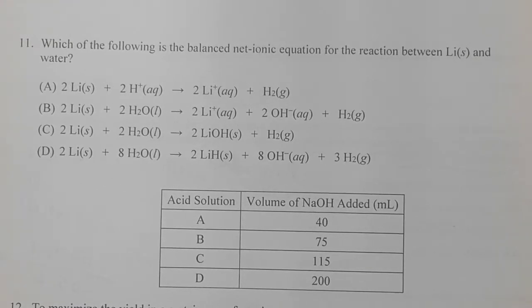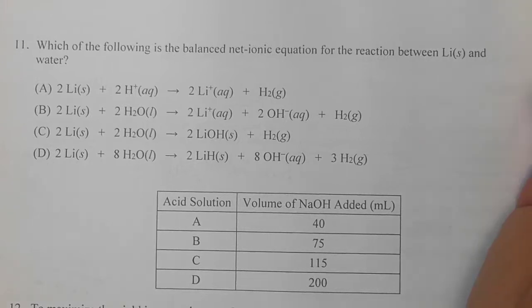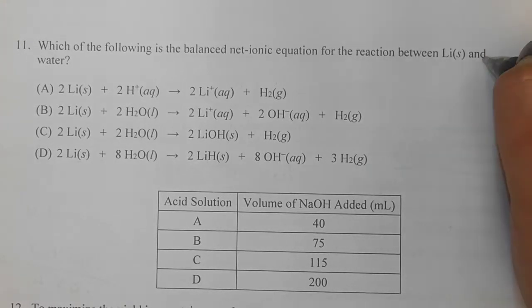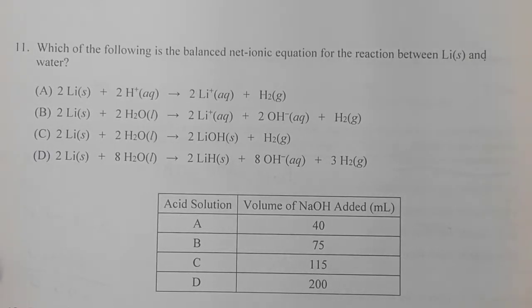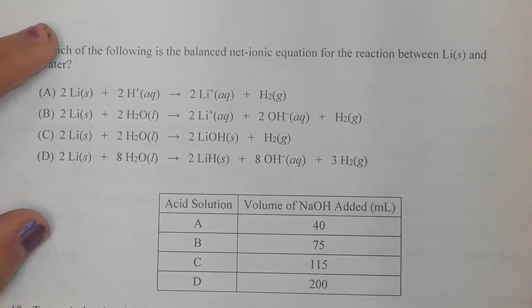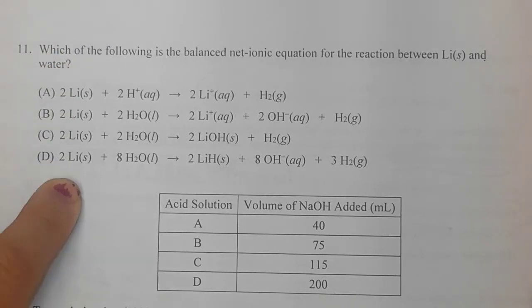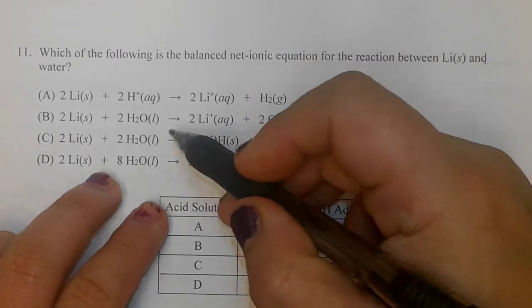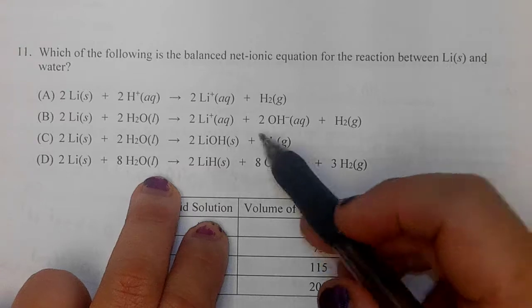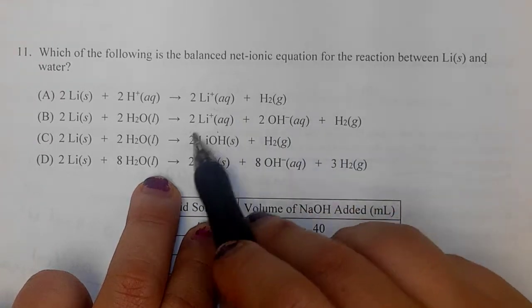What do we get? You don't know that one? That's okay. Net ionic equation of allyl solid with water. We have to take a look at it. We kind of know that it is somewhat of an acid-base reaction that is happening, right? So what do you think this is going to do? Well, they all have allyl solid. That's great. And then, obviously, I'm going to eliminate A because we're putting in the water. We're dissolving in water, and then let's see the list of things going on here.